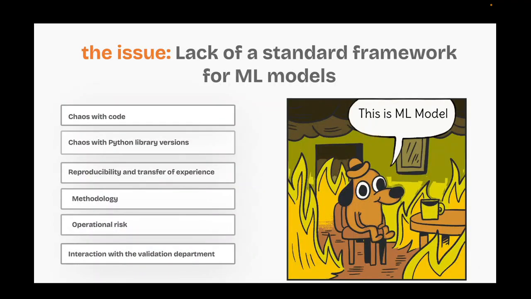So before we jump into the discussion, let's first cover the context that made us start researching pipeline instruments. In addition to typical problems like chaos with code and compatibility problems of multiple versions of Python libraries, we faced the problem of knowledge transfer between team members and the impossibility of repeating the process of building a model.